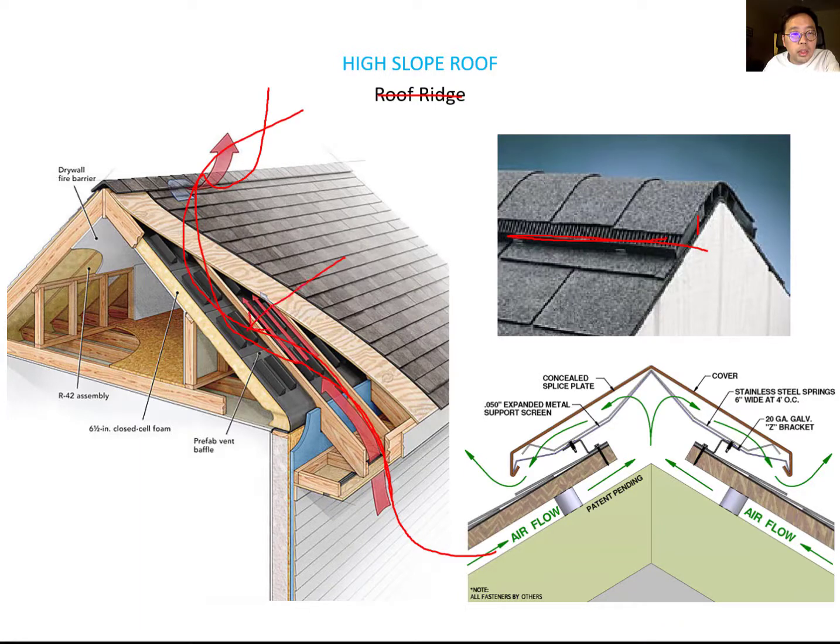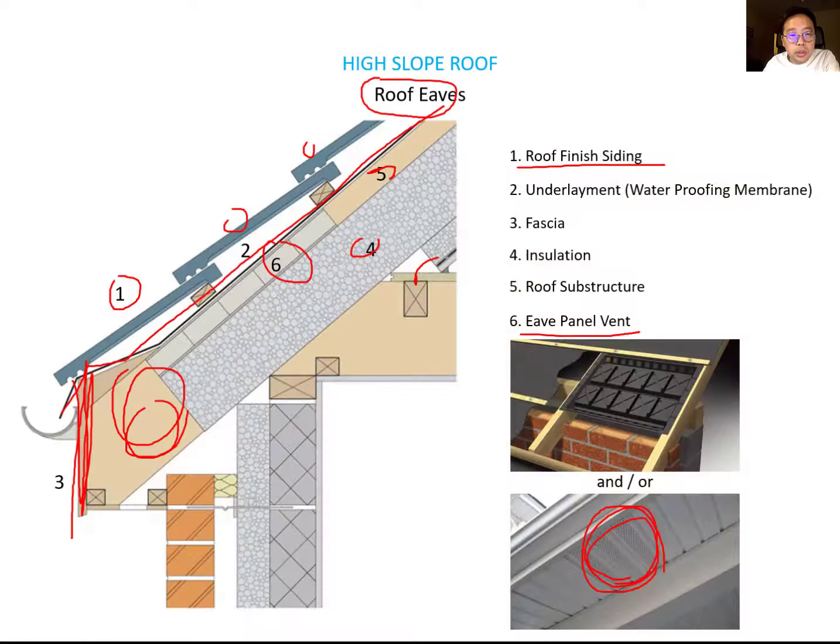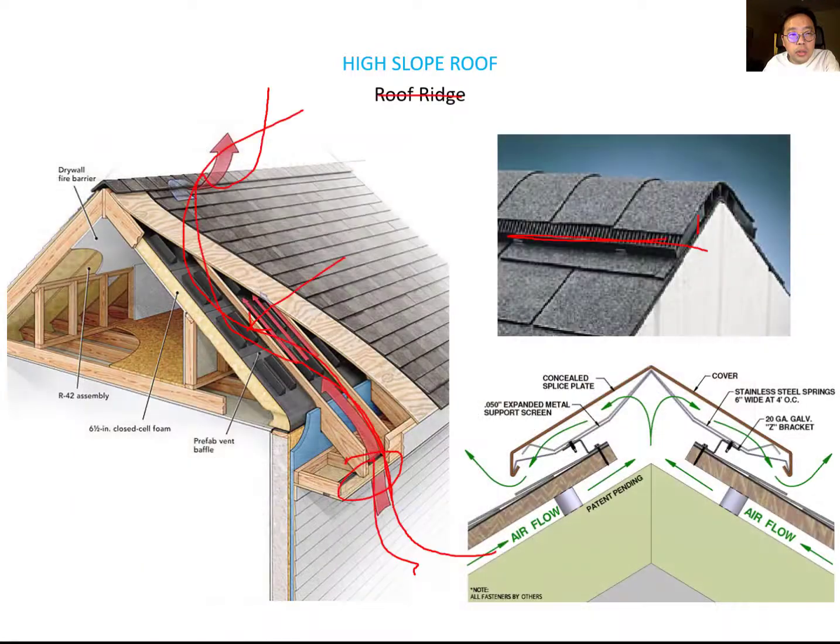Even if water is inside here, it is easy to dry out because of this ventilation from the eave panel to the roof ridge. That's why you provide the ventilation space for the eave panel vent at the bottom of the roof, and then you need the ridge ventilation here. It means air flows from the bottom to the top, to get the water out and dry it from the system.